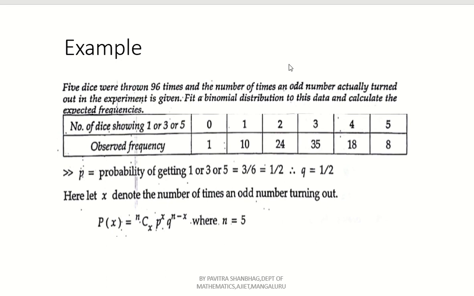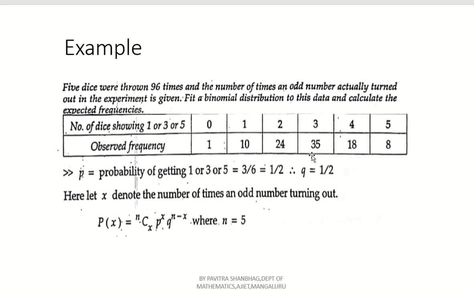What we need to find is the number of times an odd number appears, that means 1 or 3 or 5. And what are the observed frequencies they have given? For number of dice showing 1 or 3 or 5, 0 times means observed frequency 1. Similarly 1 time 10, 2 times 24, 3 times 35, 4 times 18, 5 times 8. This is what they have given in the document.